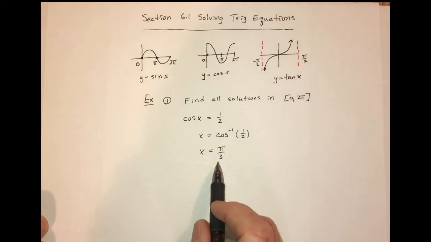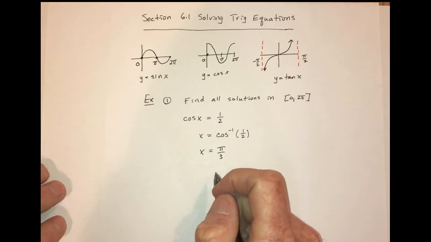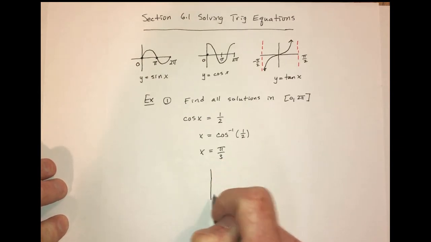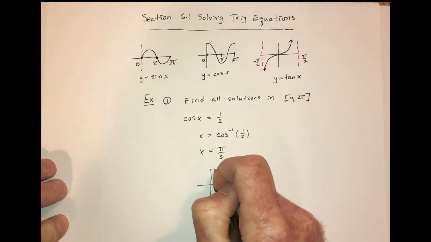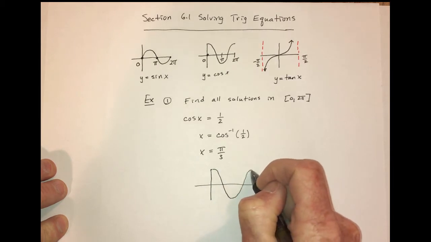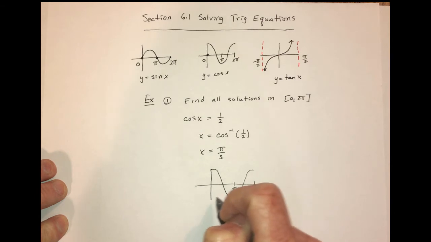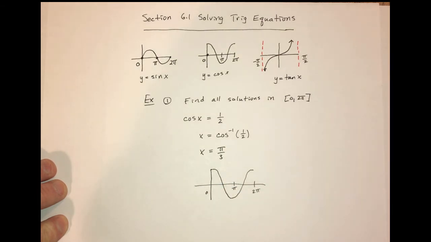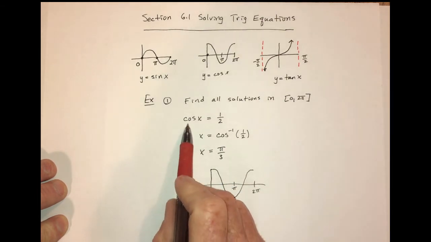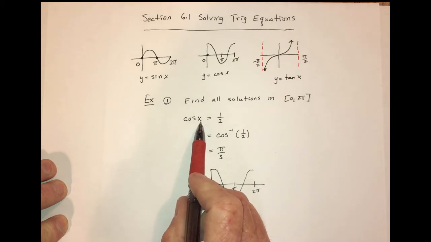And like I said, we now need to use the graph because there's multiple solutions. So if you just draw the graph of cosine, it doesn't have to be fancy. Right here's 2 pi, in the middle is pi. And then this equation is saying, take a look at the graph of cosine.